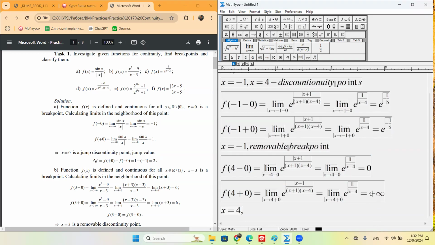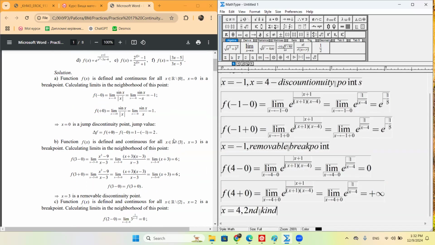If here was another finite value, it would have been a jump of the function, but this is the second kind. Do you understand now what I mean? Yes. Okay.